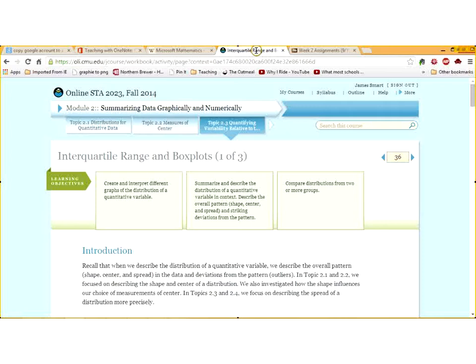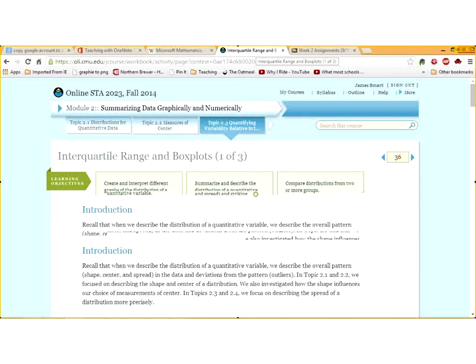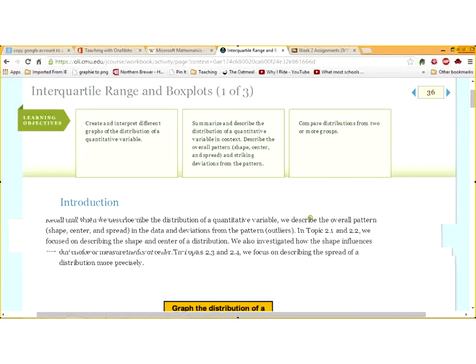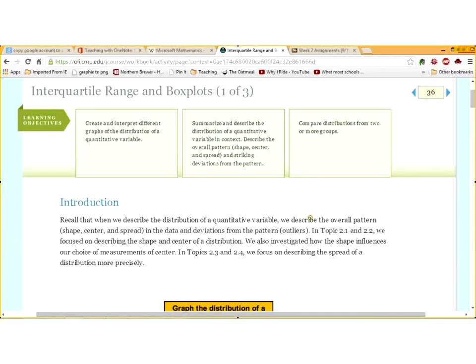All right. In 2.3, we're talking now about variability, and more specifically, to start off with, variability relative to the median. So if we're going to use the median, how do we describe spread? Spread is the same thing as variability.